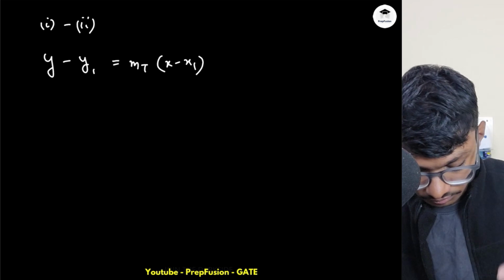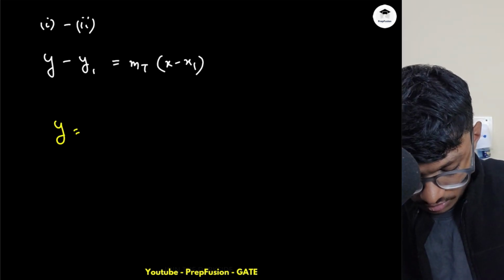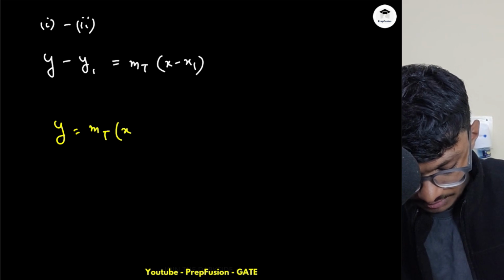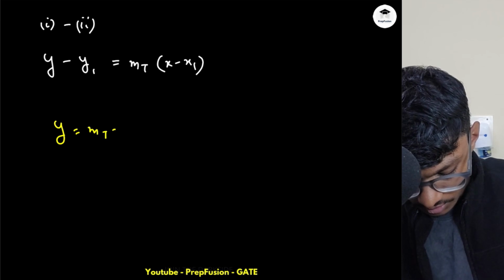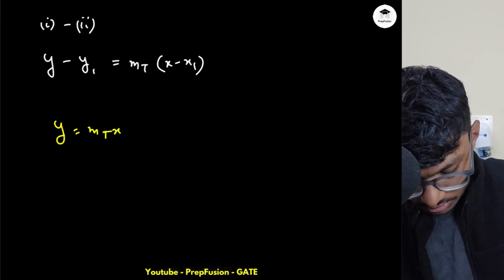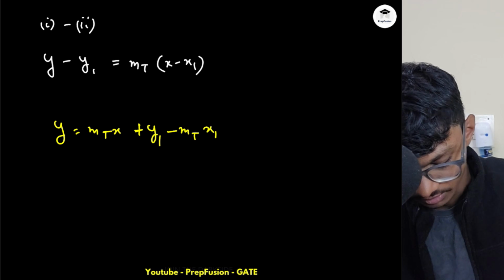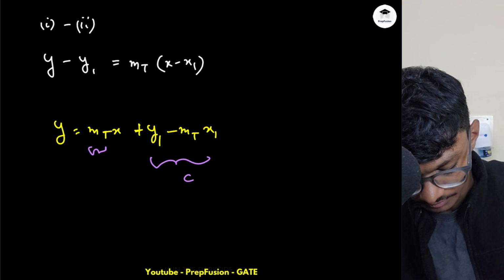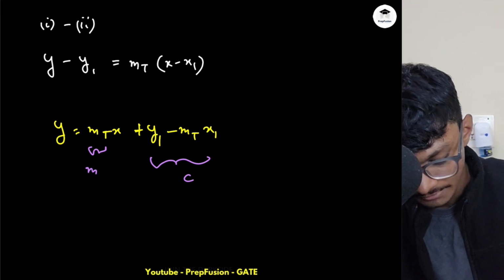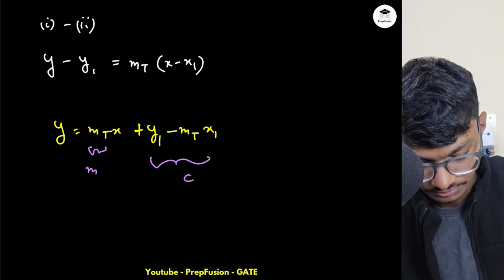From here I can write that y is equal to mt into x minus y1 minus mt into x1. So here this is my c and this is my m basically. So this is my equation of the tangent.